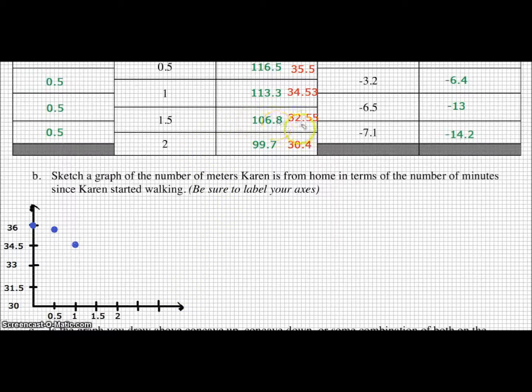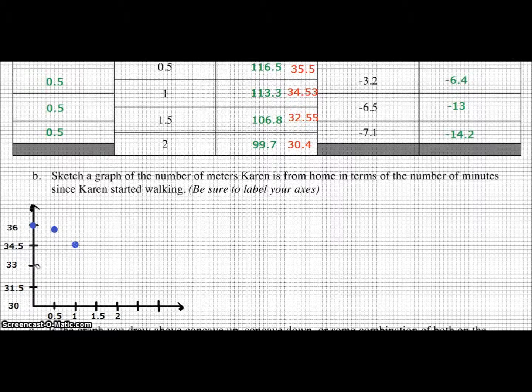Then at 1.5 I'm at 32.55. If I'm at 33 and I take away one of those small squares, I'm at 32.7. If I take another 0.3 away, I'm at 32.4. So I need to be in between here.